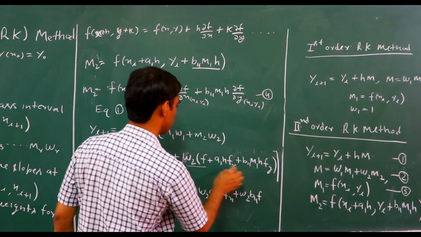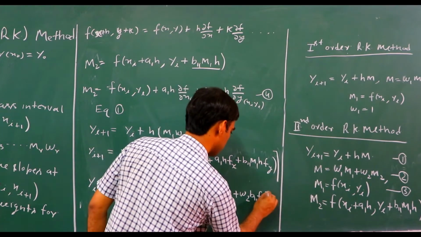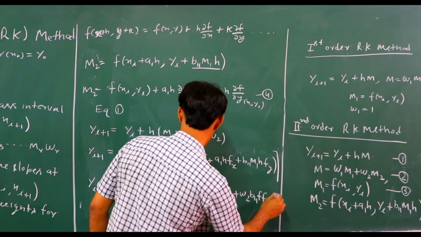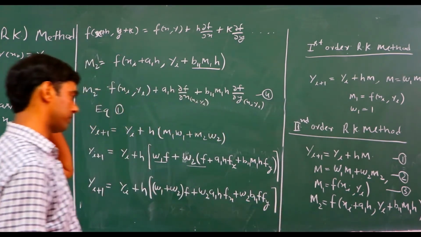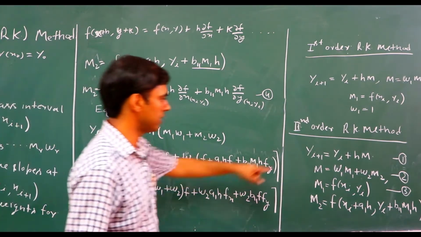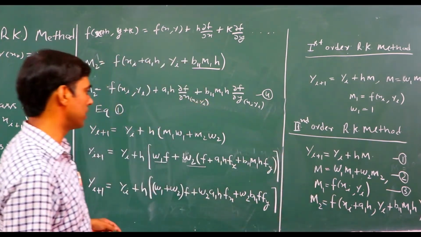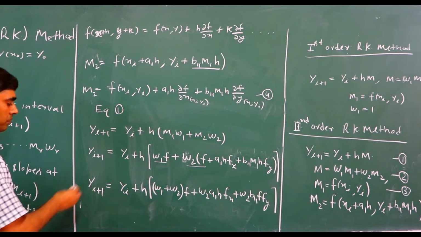Here we replace m1 by F. So this is the required expression in this form, using the values of W1 m1 and W2 m2. Now we come to this form.